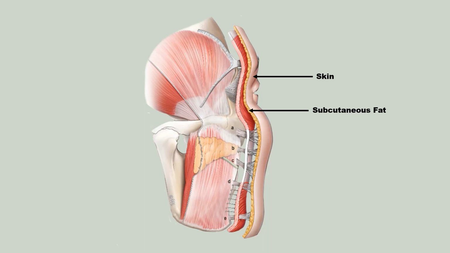The layer containing the muscles and fibrous connective tissue is called the superficial musculoaponeurotic system, or SMAS. The exact nature and distribution of the SMAS is still disputed, but the muscles it contains are well known. You can also see the retaining ligaments very nicely in this picture.